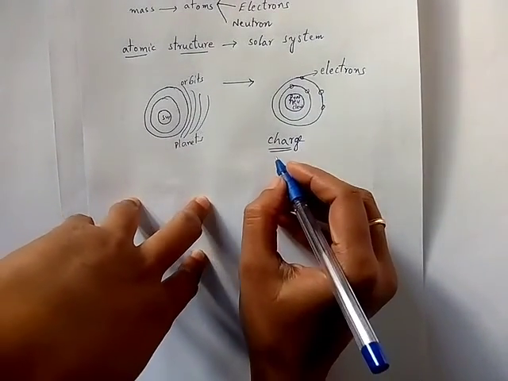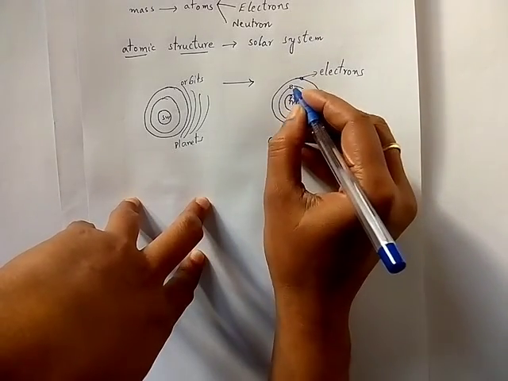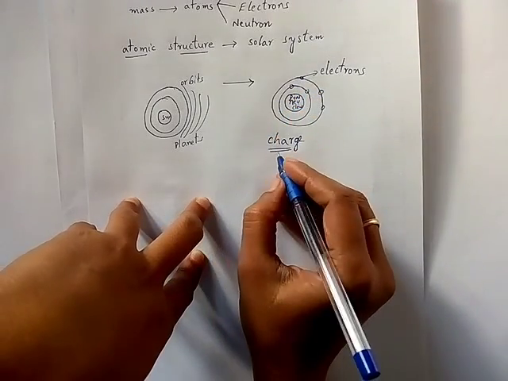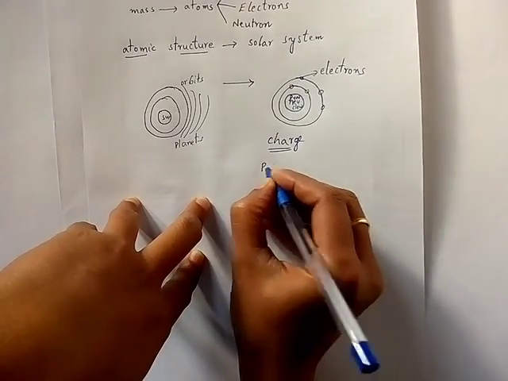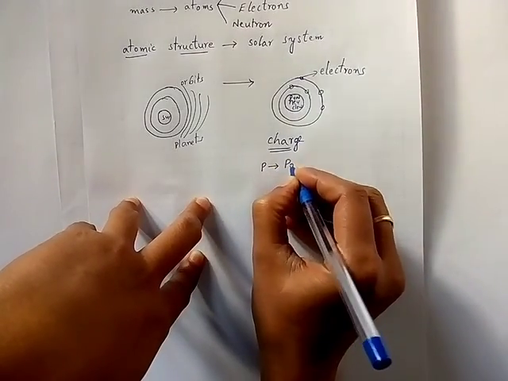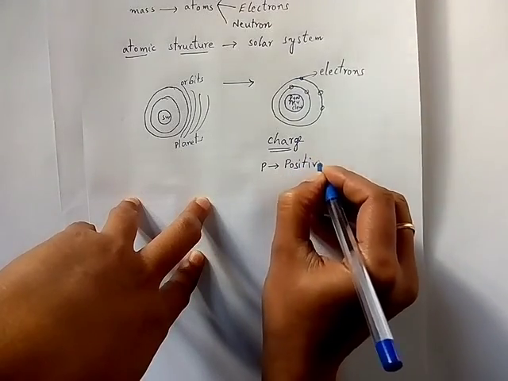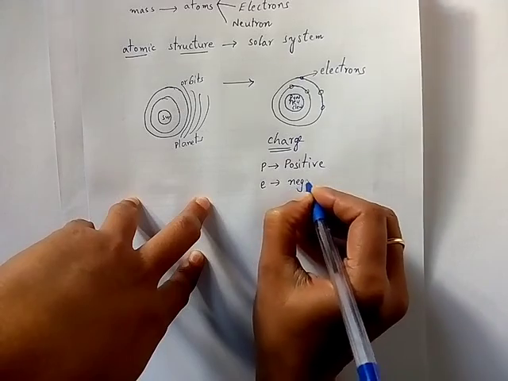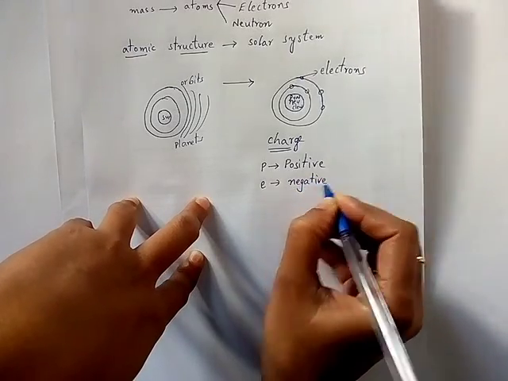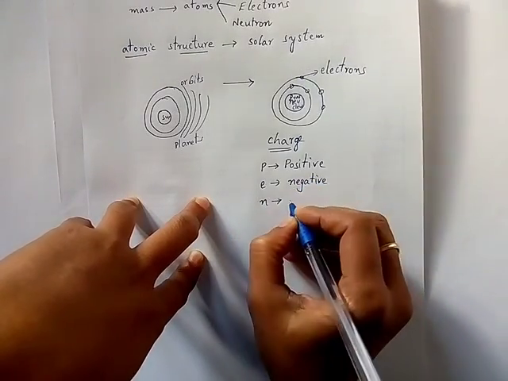Due to these subatomic particles, we have protons, which are positively charged particles, electrons, which are negatively charged particles, and neutrons, which are neutral, with no charge.